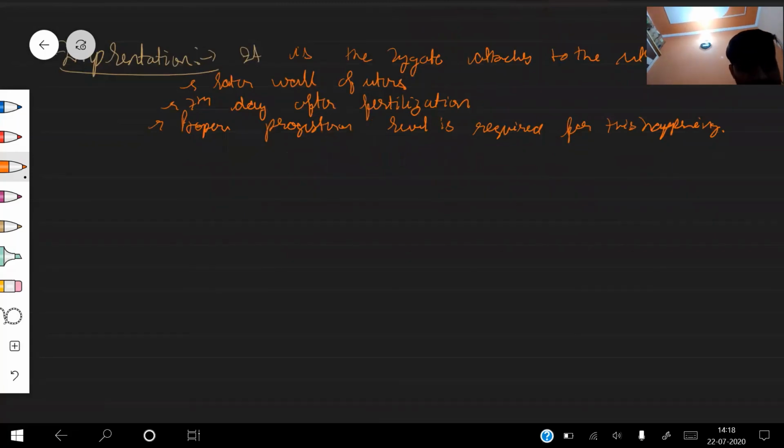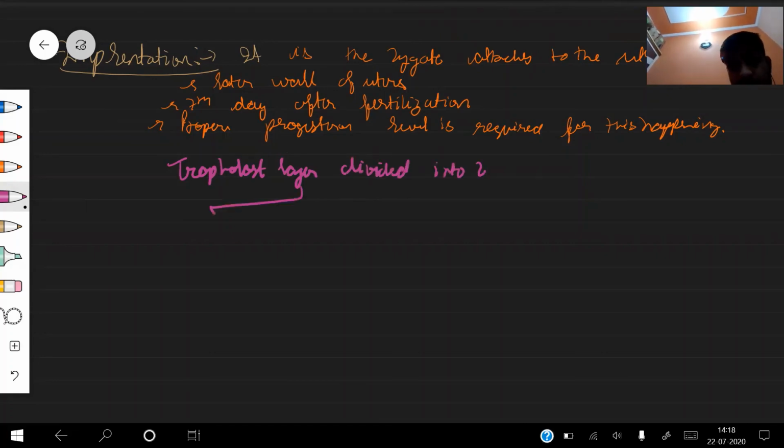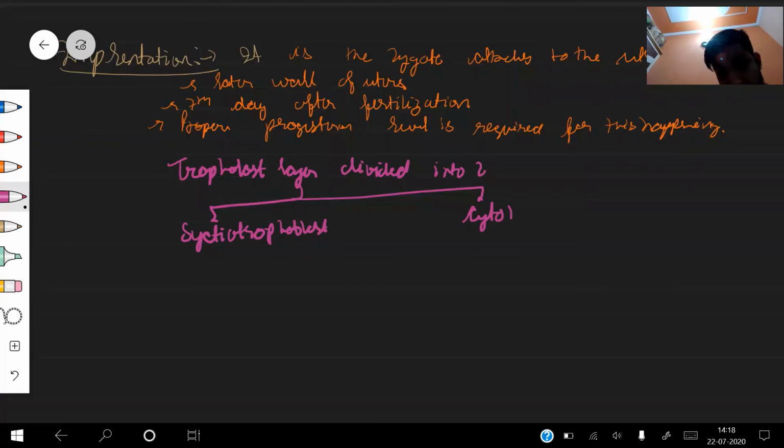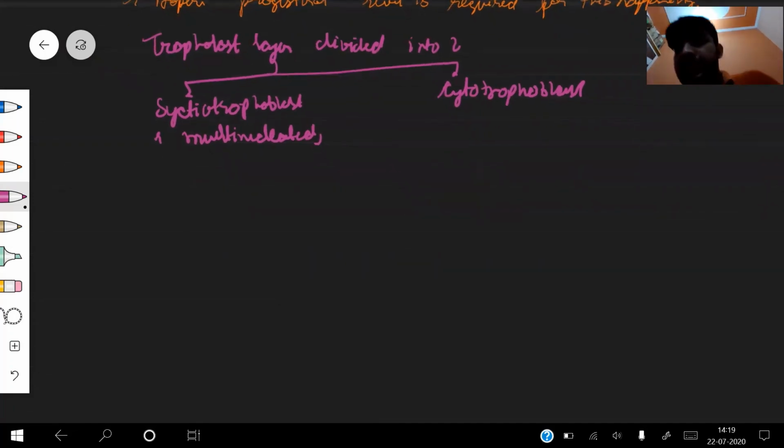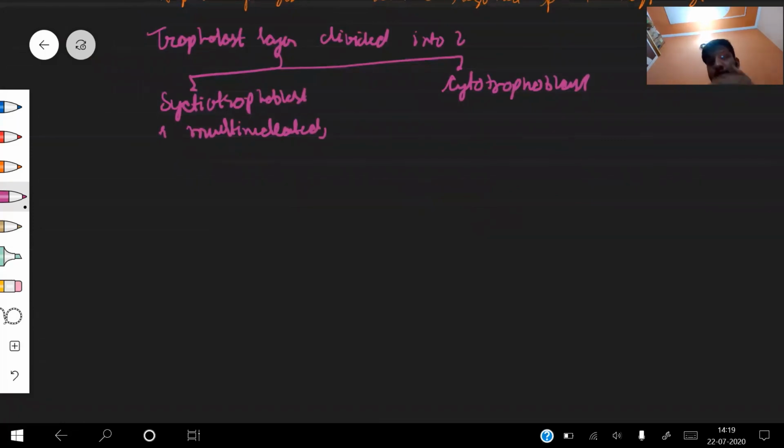After implantation, the trophoblast layer divides into two: the syncytiotrophoblast and the cytotrophoblast. The syncytiotrophoblast is multinucleated and non-membranous. The inner cell mass forms the ectoderm, mesoderm, and endoderm, the layers seen in the first trimester.